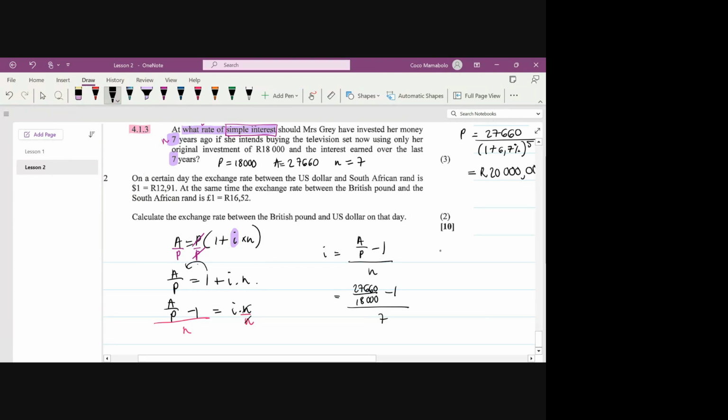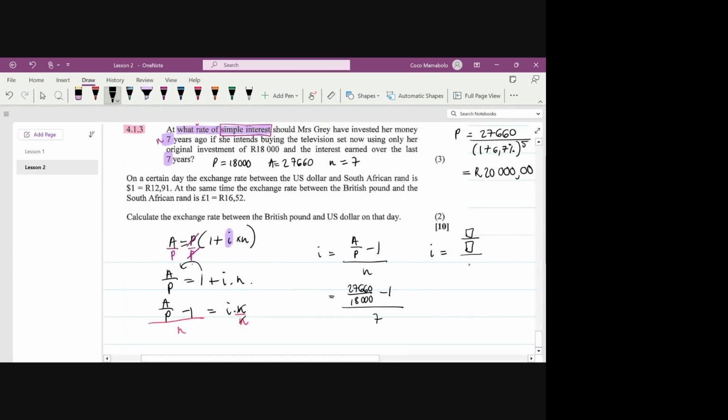And remember, because our interest rate is calculated over 100, it will give you a particular answer. Okay, so we need to be very careful. Remember, we're going to click the fraction button twice. So your fraction should look like this on the calculator. So click it twice, and then at the top you'll put 27,660 over 18,000.